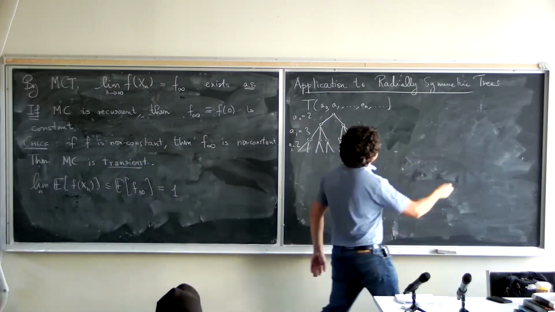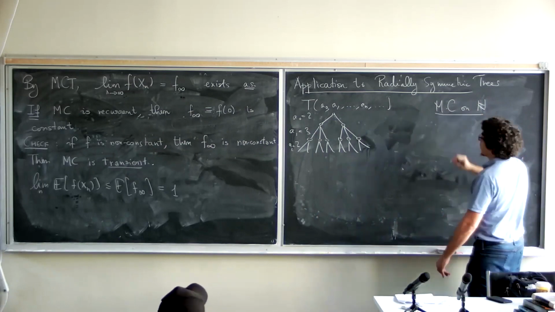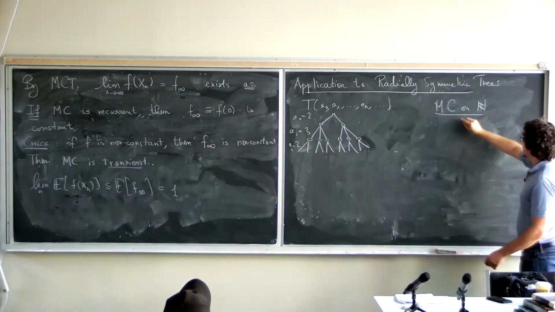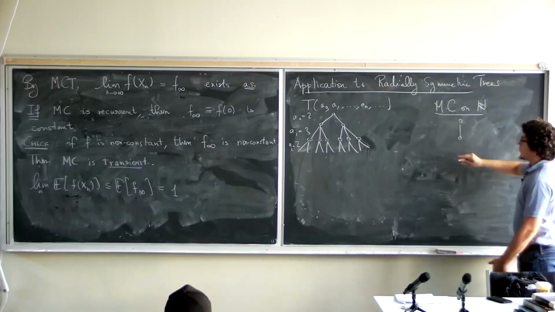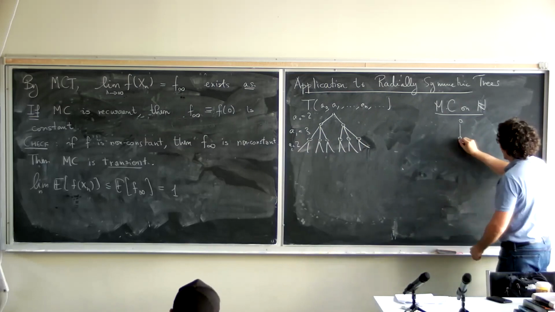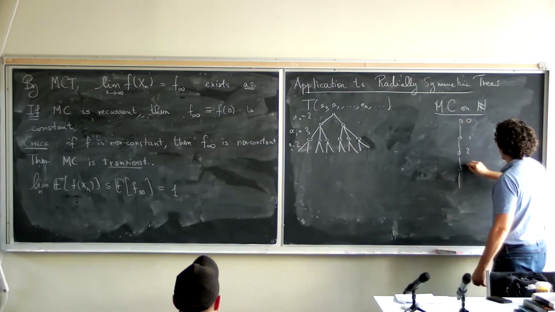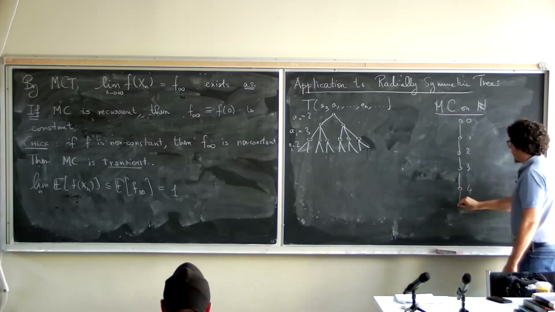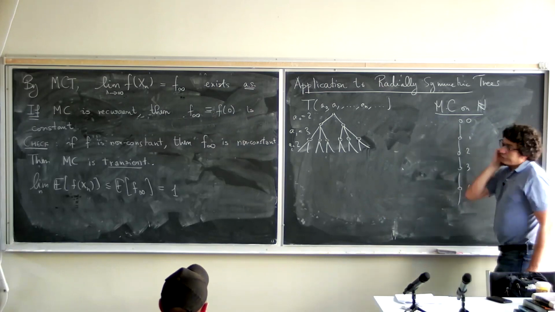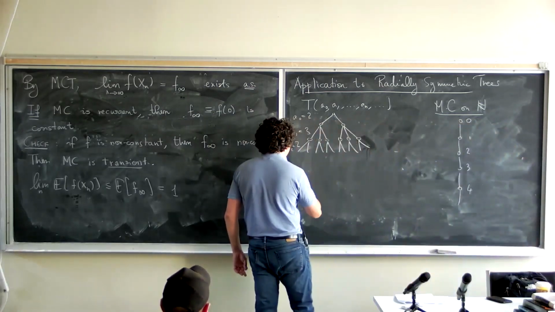And we want to construct a Markov chain on N. Well, it's pretty clear what you do now. You take the distance. It's like we're collapsing the tree to just a half line. So you have 0, 1, 2, 3, 4, and so forth. And now we define a Markov chain.